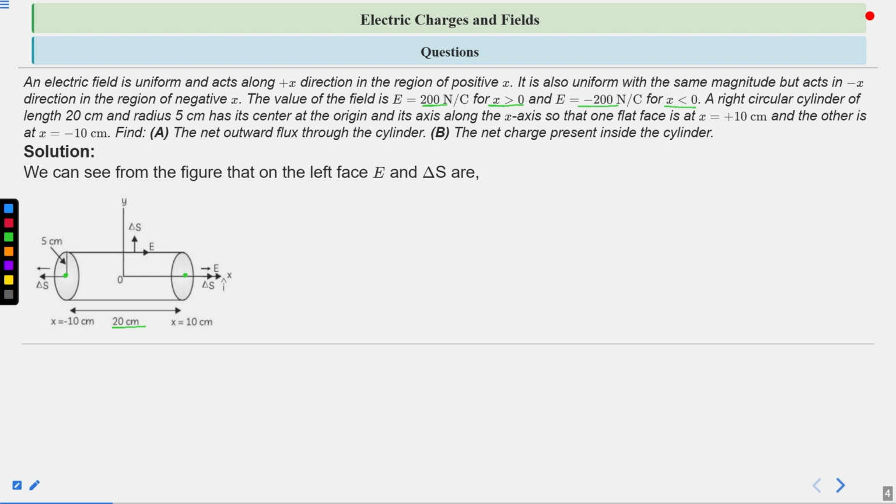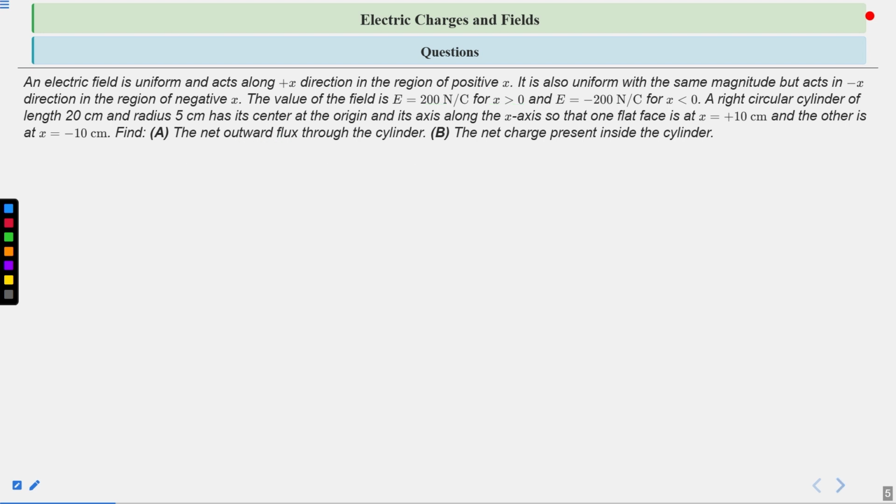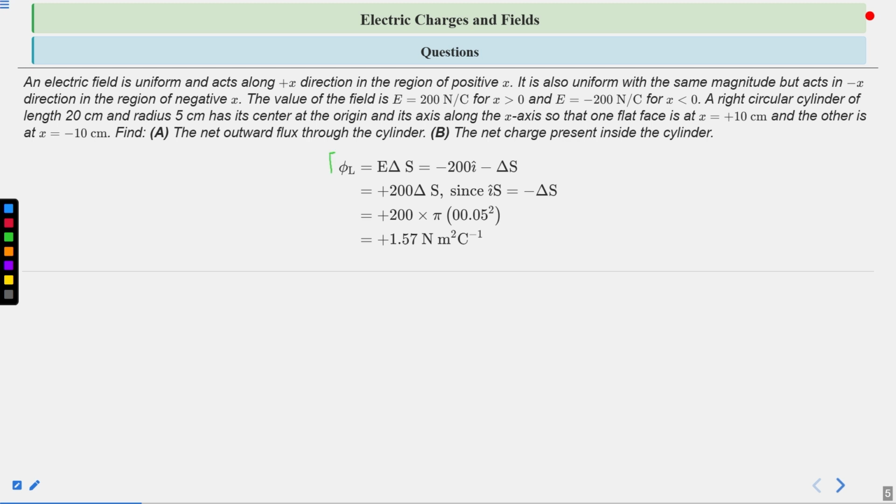So we have to find out the outward flux. First we calculate the flux through the left face. The formula of the electric flux is E dot delta S. Here E is the electric field and delta S is the area.